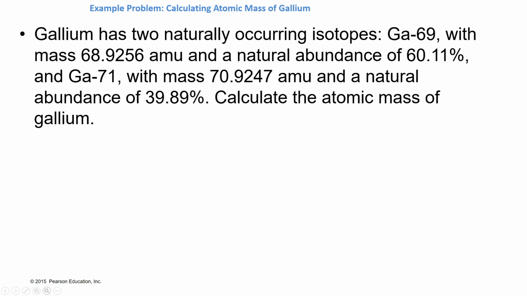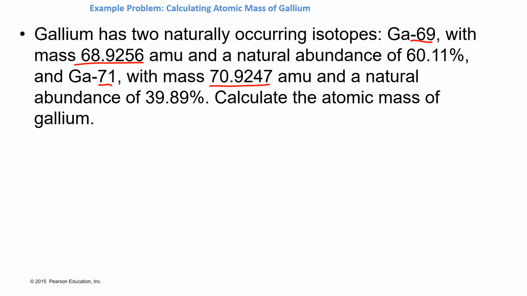Now notice on my first example, I just used these numbers. If you're given a question that gives you an exact mass, like these did, that means they ran it through some sort of machine that gave us these exact numbers.